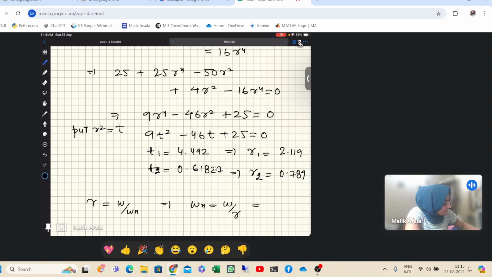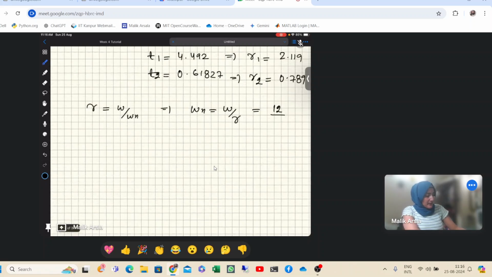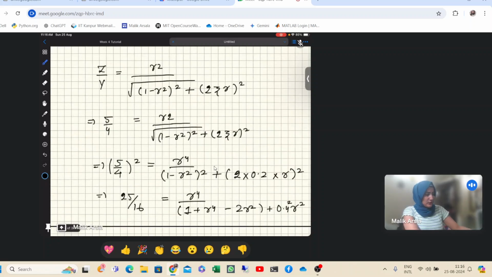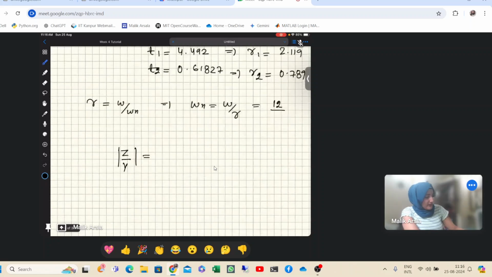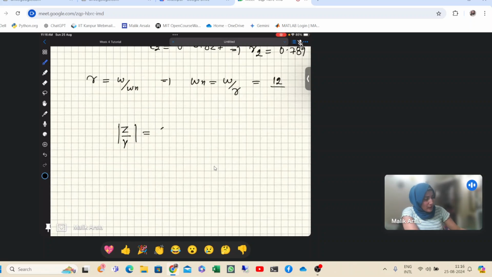Now omega is given as 12, now R. Here, which R should we consider? If you have gone through the lectures, we know that in case of a vibrometer, our Z by Y, this is our response which I wrote here, we want its value to come out as 1.